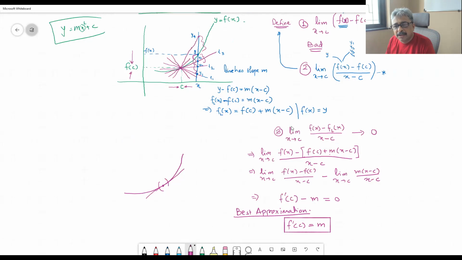This could be the definition of approximation, and if we accept this definition, the difference between the two y values, one on the curve and one on the straight line, should be minimum. So this should tend to 0. If we assume that, then we get the best approximation as the tangent. To support this argument, we can actually use Taylor's expansion and physically check whether it is working or not, and we will observe that it works.